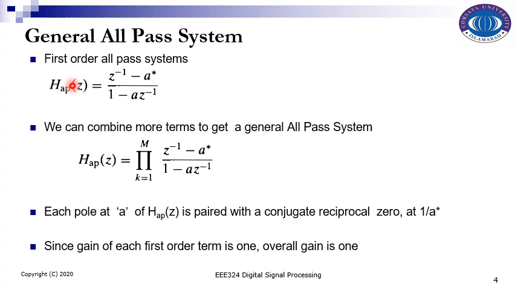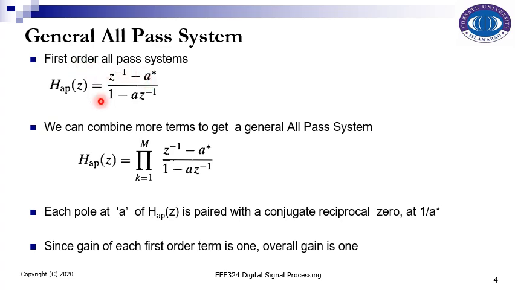We saw the system function for an all pass system which had a single pole at a and a zero at 1 over a star, the conjugate reciprocal location. But this system is a first order system.